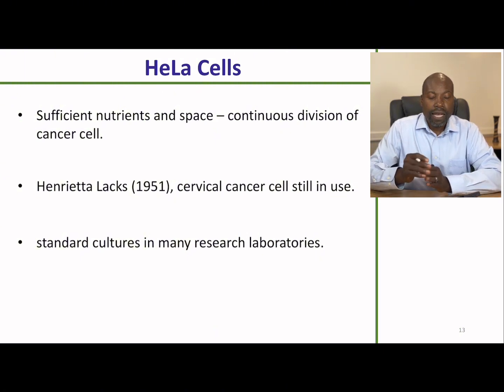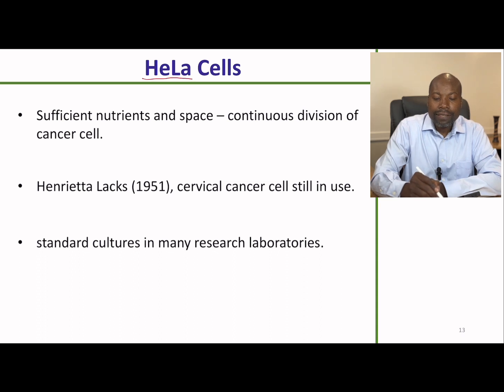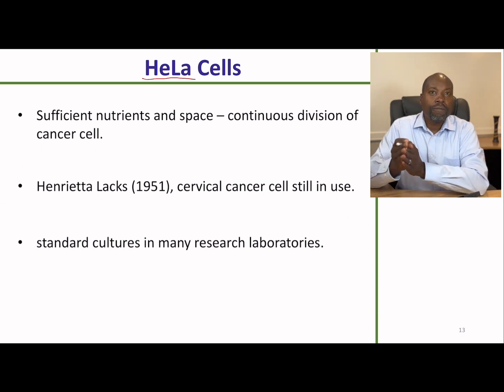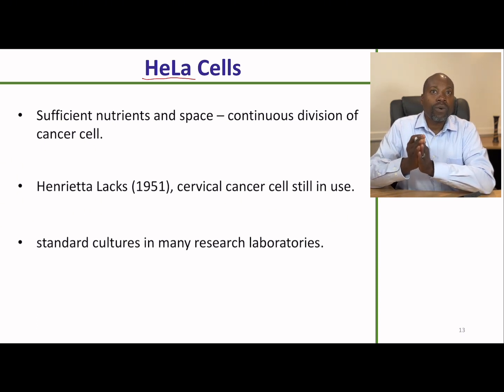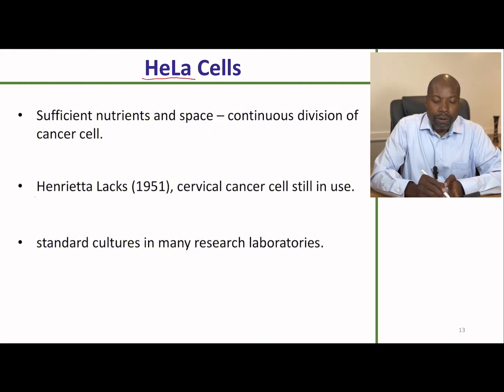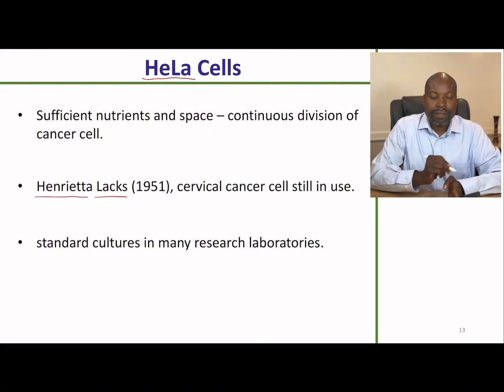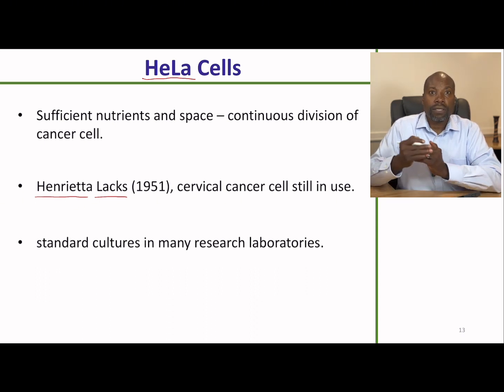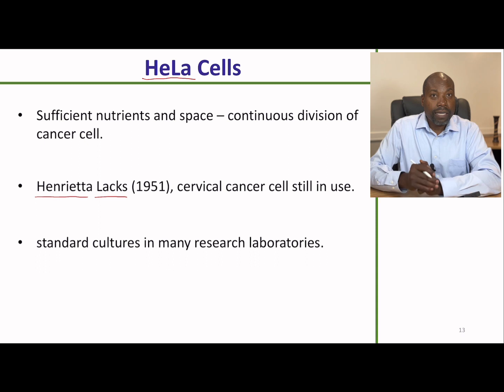Now, there are some cancer cells that have been isolated by researchers. The cells are called HeLa cells. HeLa are actually named after the person from whom the cells were isolated, Henrietta Lacks. Henrietta Lacks was a patient from whom cancer cells were obtained.